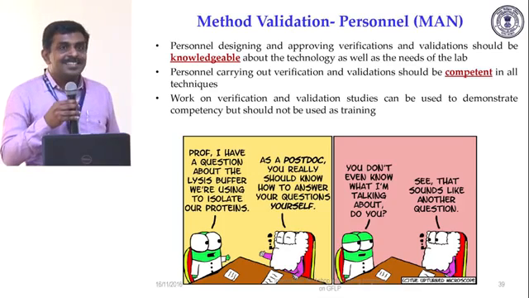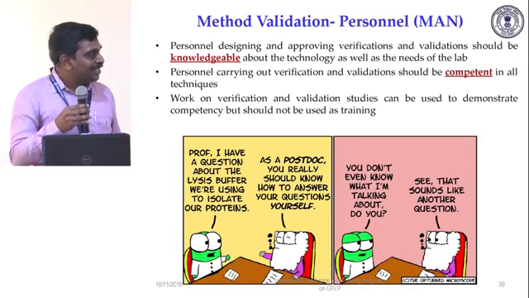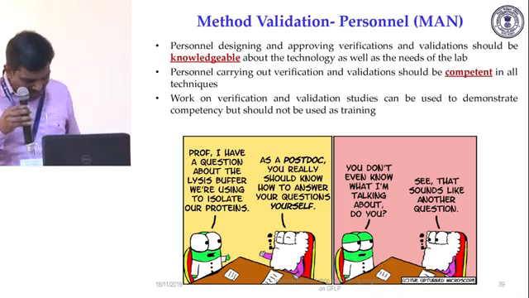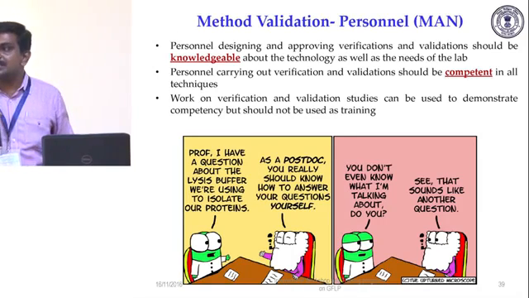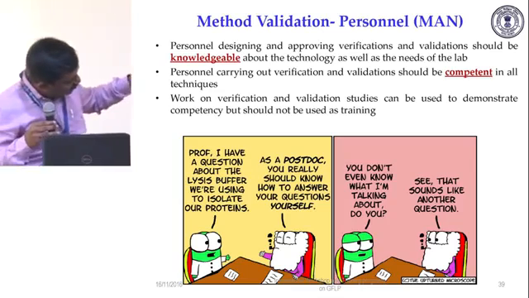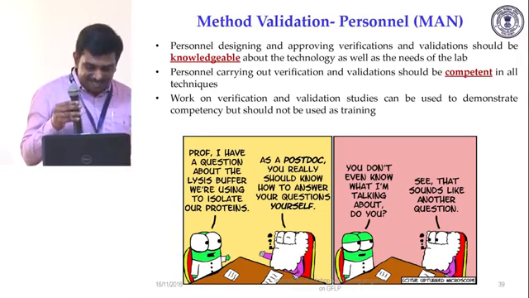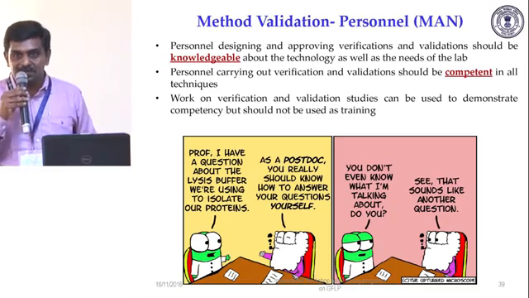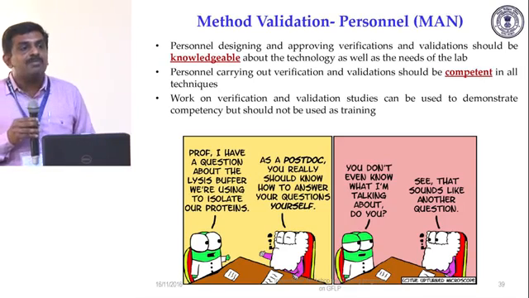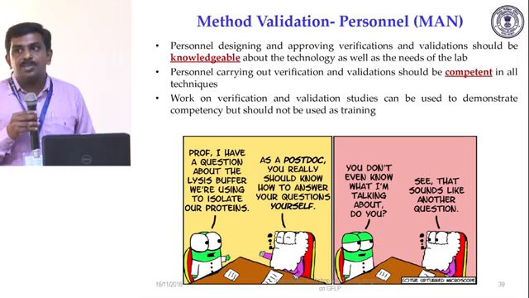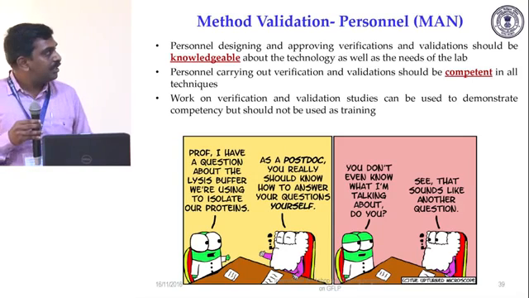Then again the person in charge tells, that sounds like another question. So this happens. I'm not saying this is just a pictorial representation, but this is a fact in a lab. The person should really know what they are doing. Validation is not a small thing. It's a tool, and you should be able to do the background work before doing it.